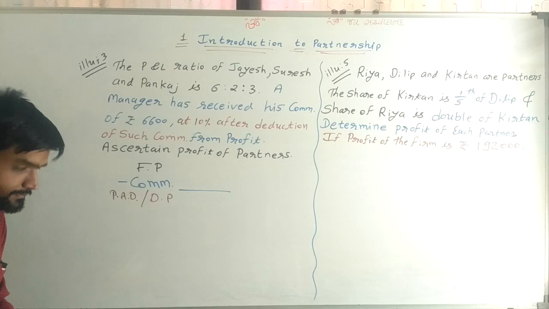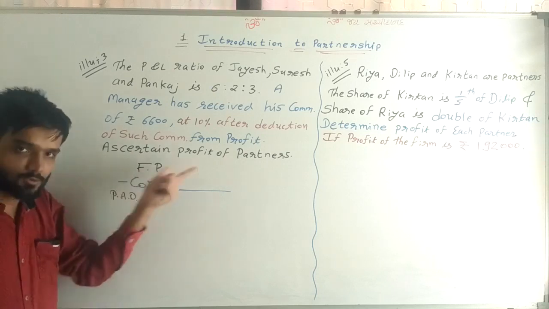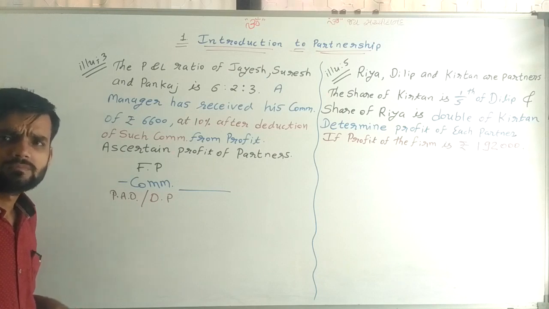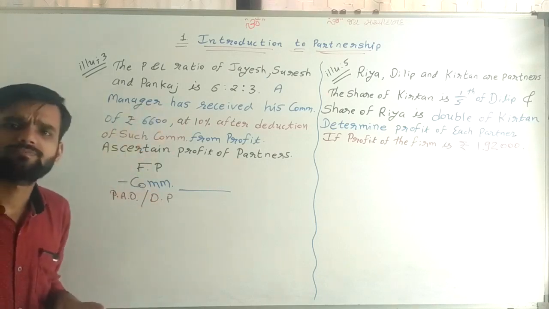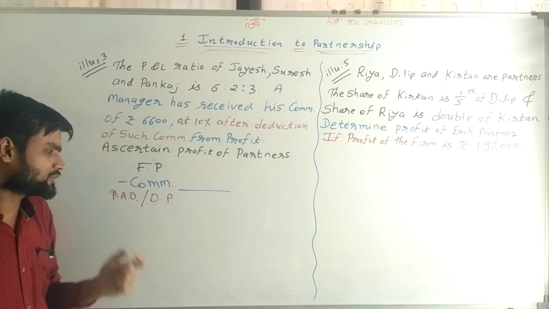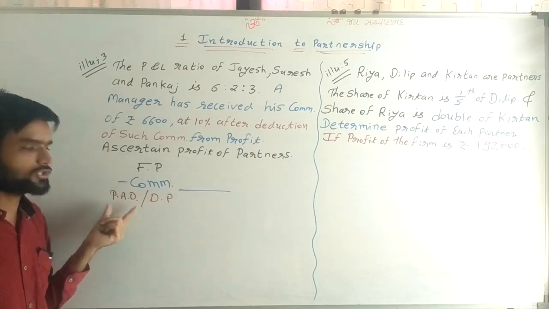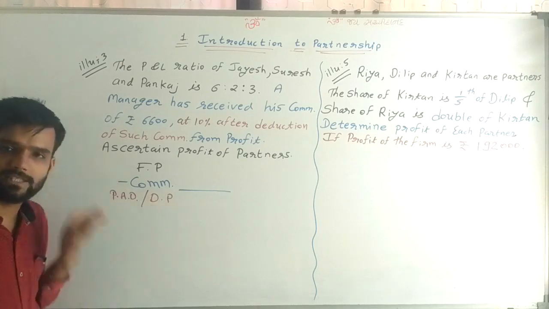Both are equal. So firm's profit, commission, profit after deducting commission, divisible profit. This format is fixed in this type of questions.